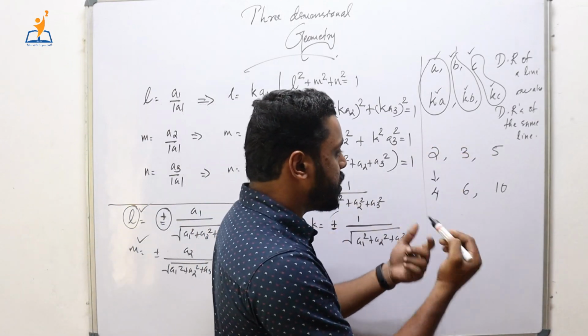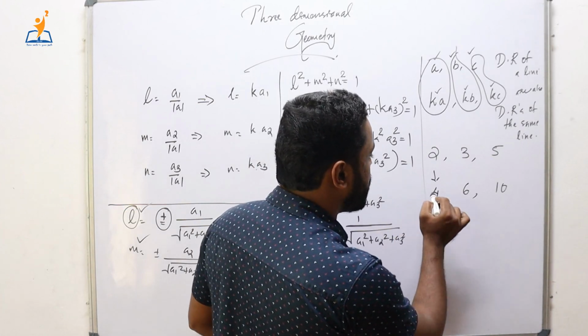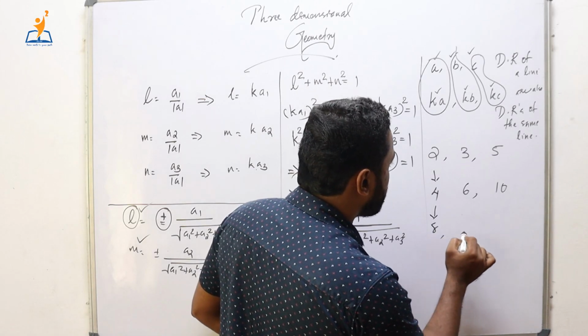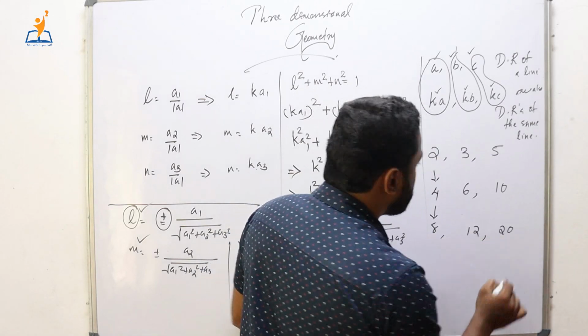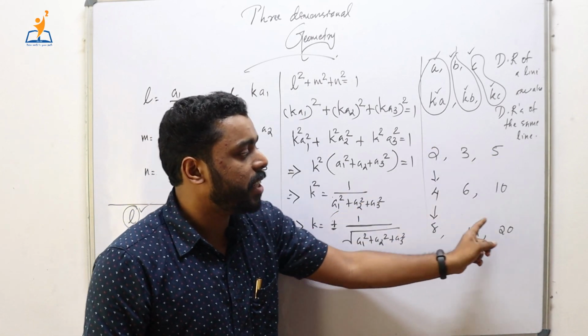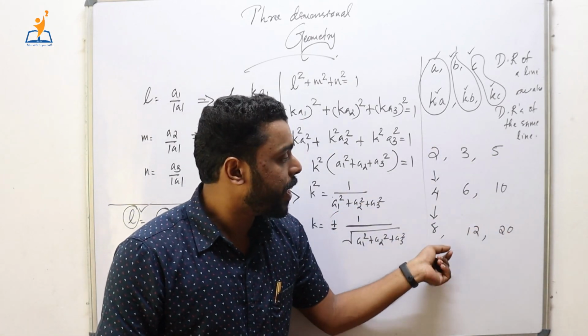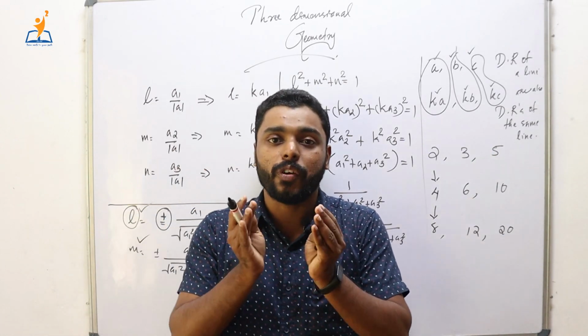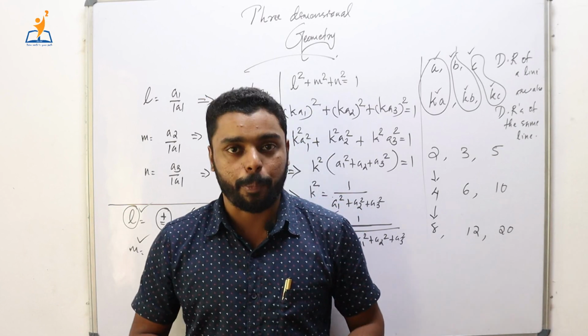Also we can generate a lot more direction ratios just like this. Suppose I can find a new set like 8, 12, 20. See, each of these direction ratios is multiplied by 4 to get the new direction ratio, which is also the direction ratio of the same line, which means that the direction ratios of a line are always proportional.